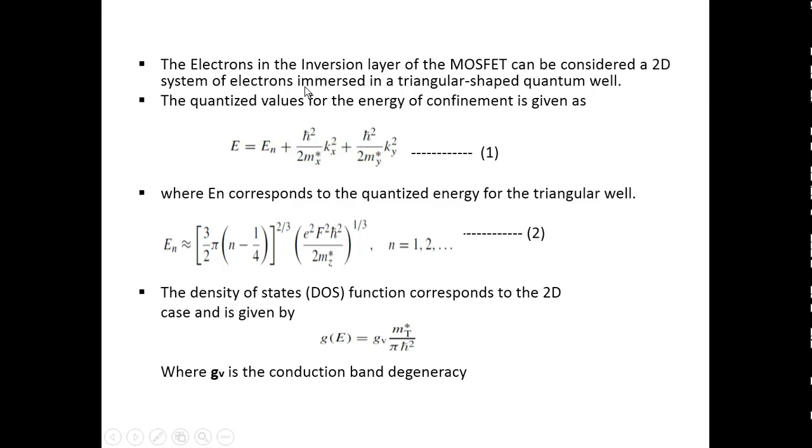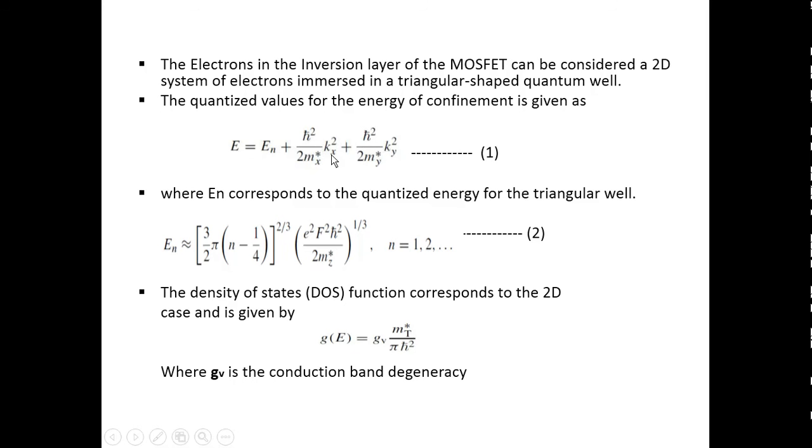The quantized values of energy confinement in a triangular quantum well can be explained as E is equal to En plus ħ² kx² by 2m*x plus ħ² ky² by 2m*y, because it is two-dimensional confinement.